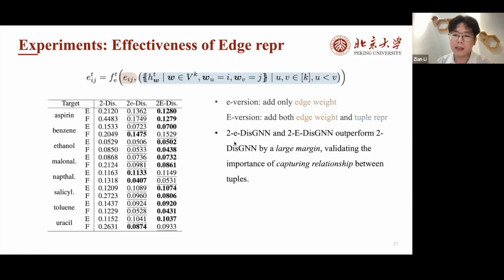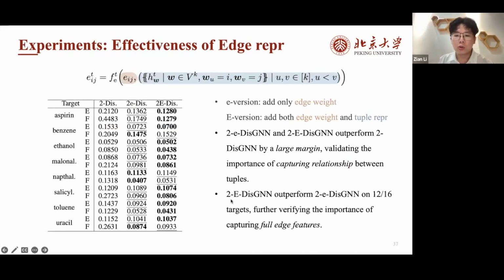As we can see, 2 small e and 2 big E DisGNN can outperform 2 DisGNN by a very large margin. This validates the importance of capturing relationships between tuples. Further, we can see 2 big E DisGNN can outperform 2 small e DisGNN on 12 out of 16 targets, which further verifies the importance of capturing full edge features, both edge weights and tuple representations.